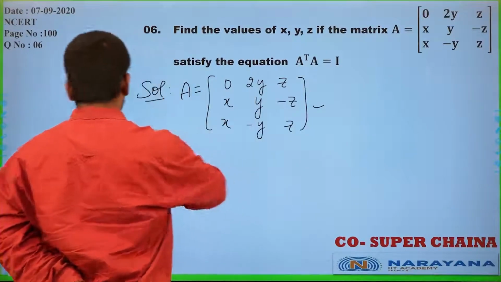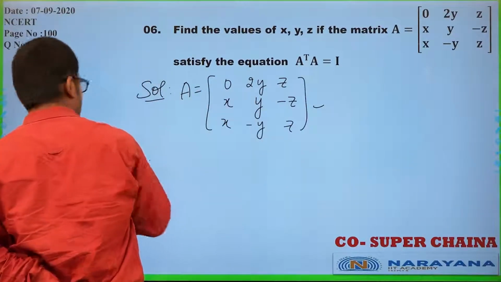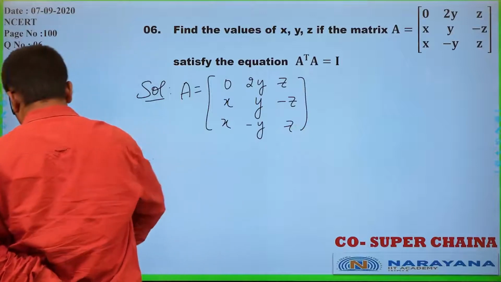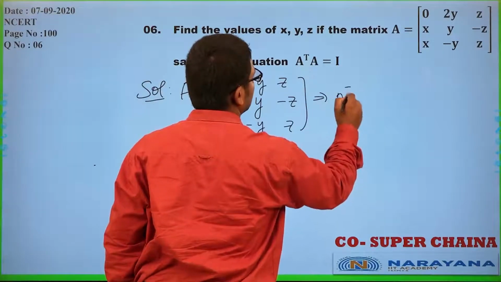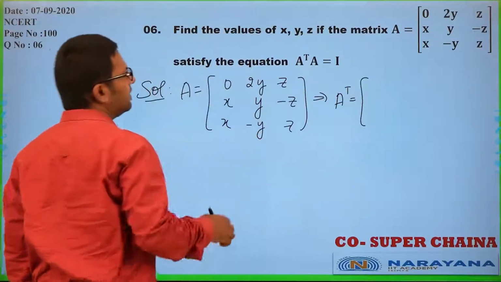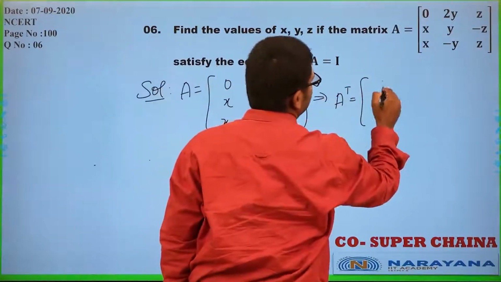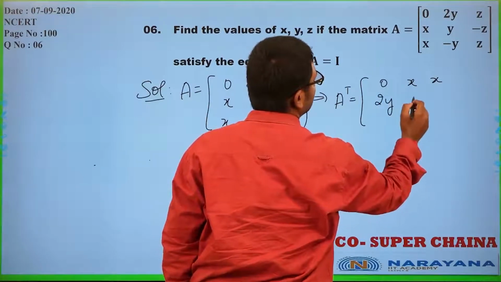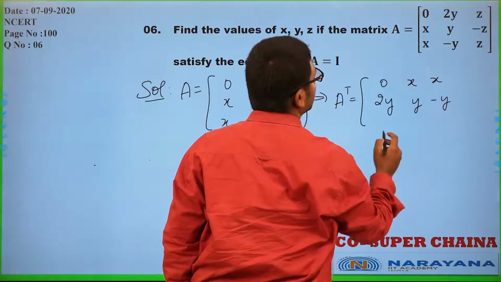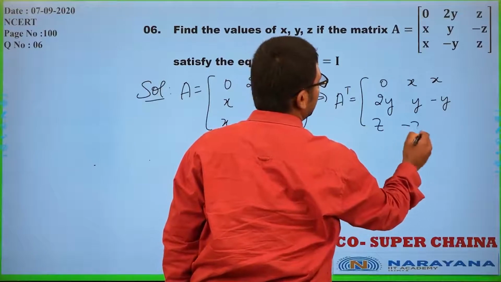So if A is this, then A transpose, take transpose: [0, x, x; 2y, y, minus y; z, minus z, z].